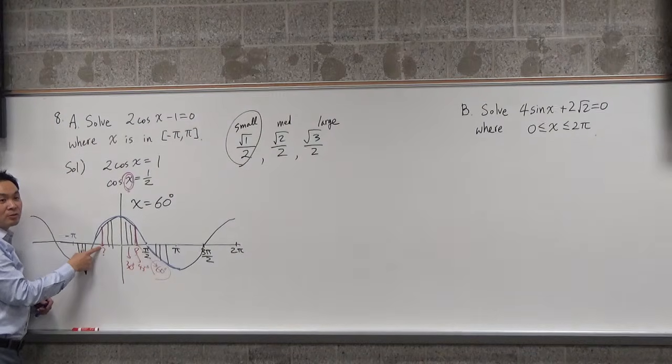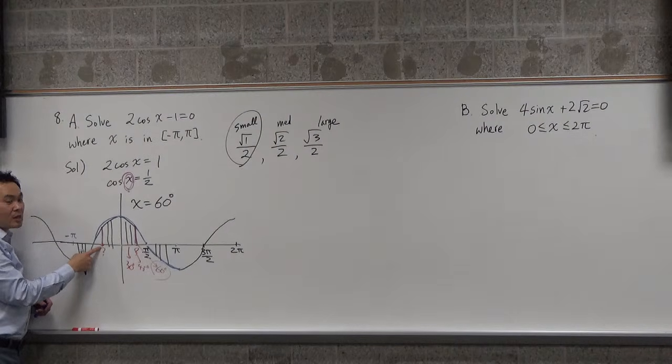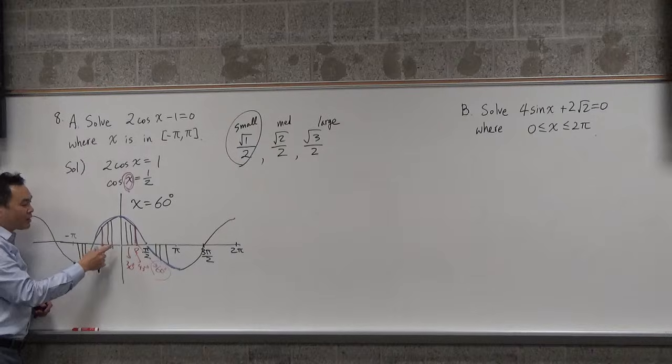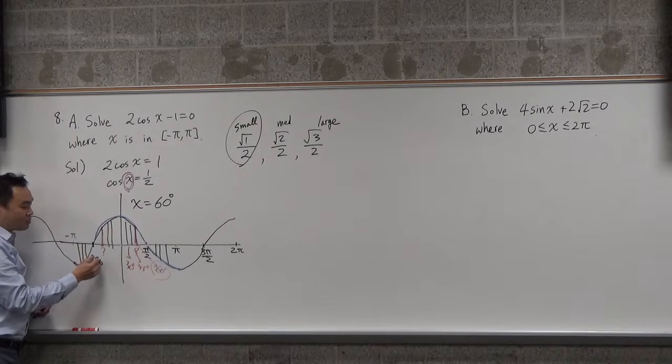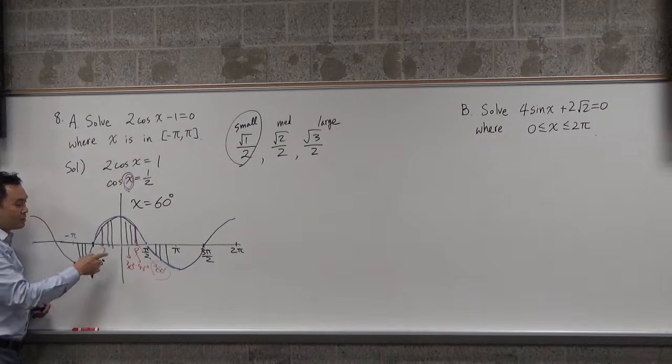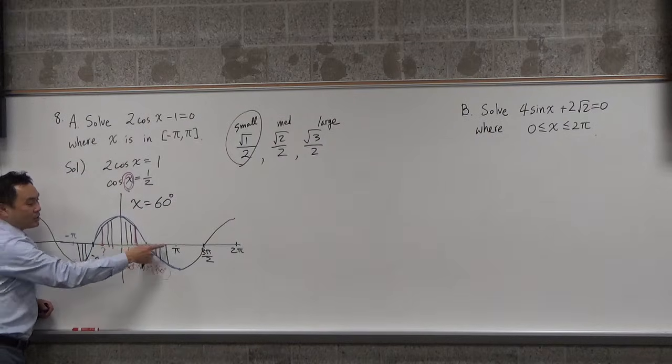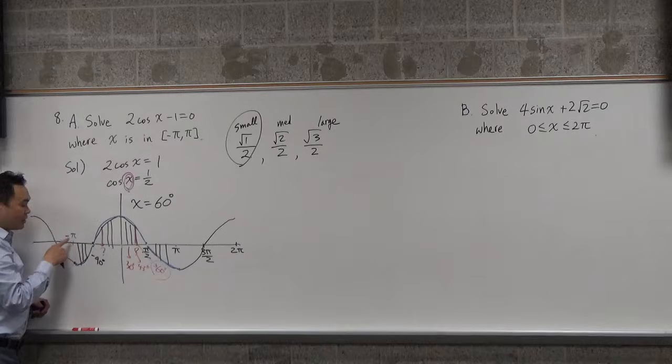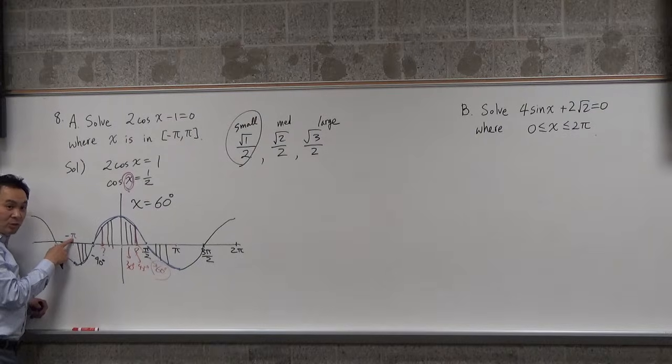What is this one? It's 30, 45, 60, that's right, but that one starts from negative 90 degrees, right? This is 0, 90, 180, negative 90, negative 180. Pi radians is 180 degrees, so negative pi is negative 180 degrees.